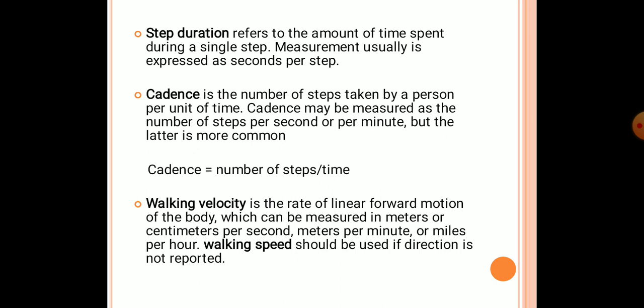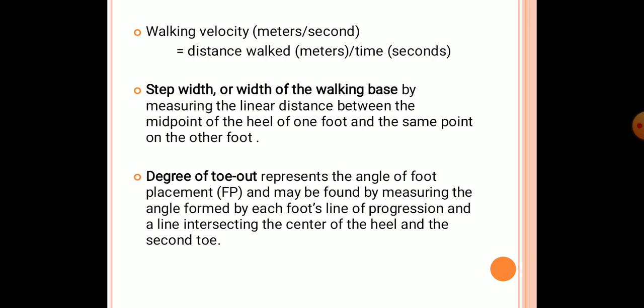In walking speed we do not talk about the direction of movement, but how much distance is covered in a given time. So walking velocity or speed is measured in meters per second: the distance covered in a particular period of time divided by the time is known as velocity or speed.